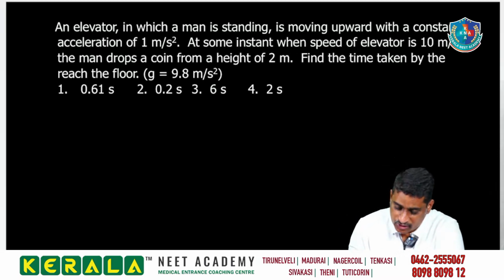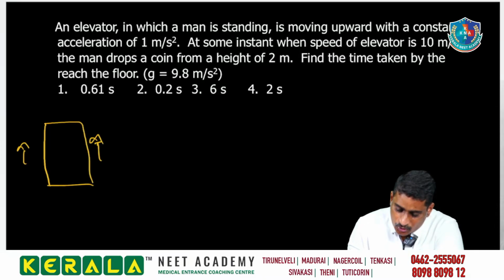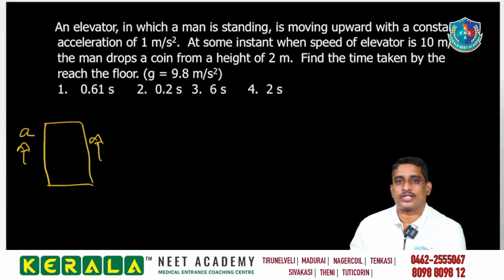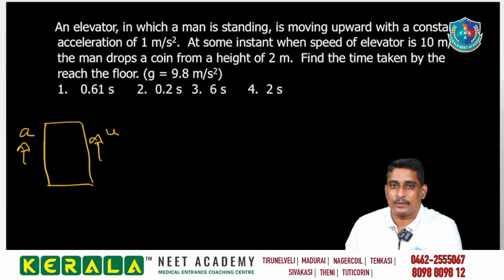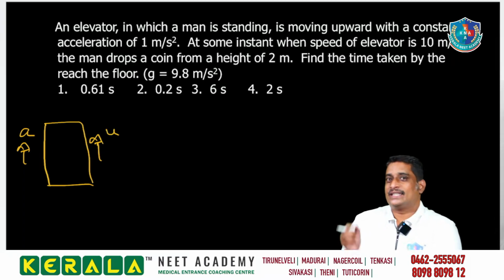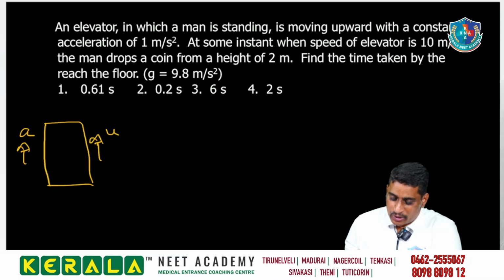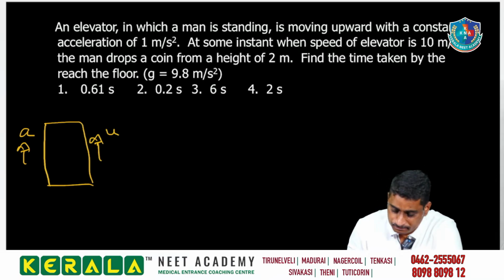Just look at this example, all of you. Here lift is moving upwards and also accelerating upwards. At one instant, let the speed of the elevator be, for example, u. At that instant, a stone is released from some height 2 meters inside the lift.